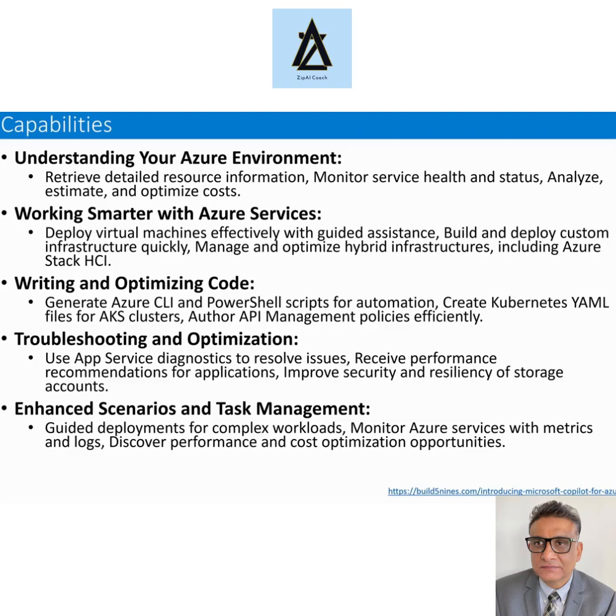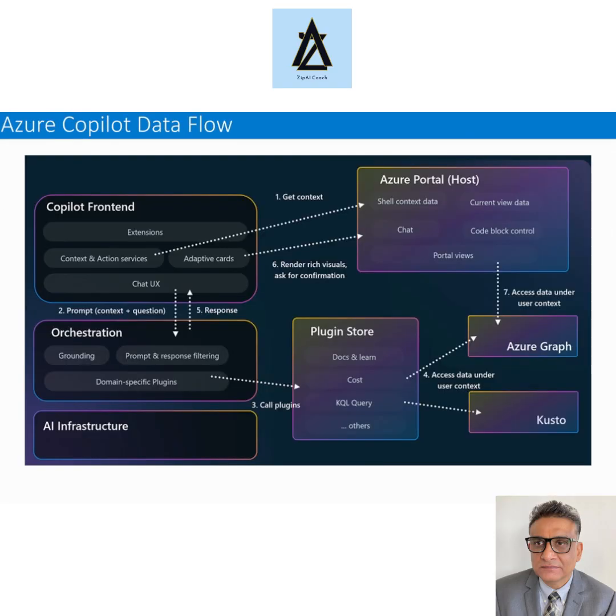Policies are nothing but the rules that are applied when an API request is made on API Management or an API gateway. Like I mentioned, this Copilot can help you troubleshoot and optimize your resources and gives you enhanced scenario and task management.